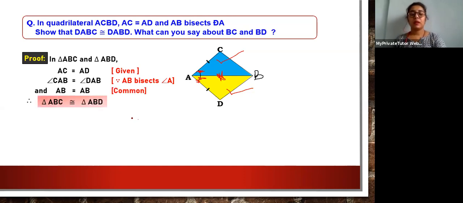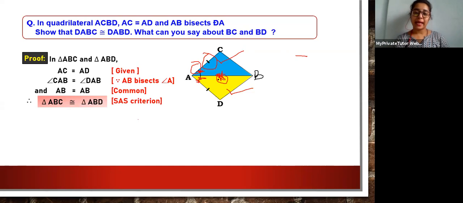So triangle ABC is congruent to triangle ABD. How? By SAS criterion. So what was the SAS criterion? A side, an angle, and again a side. You can see that this is the side, this is the angle, and this is the side.